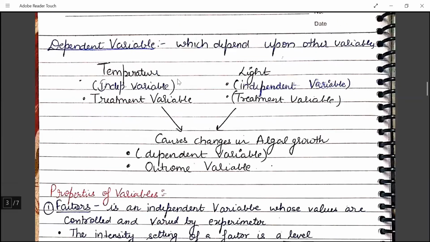Another example, like there is algal growth in the ocean. If the temperature and amount of light reaching the ocean changes, there is a change in algal growth. So algal growth depends upon temperature and light. Therefore, algal growth is a dependent variable, whereas temperature and light are independent variables.